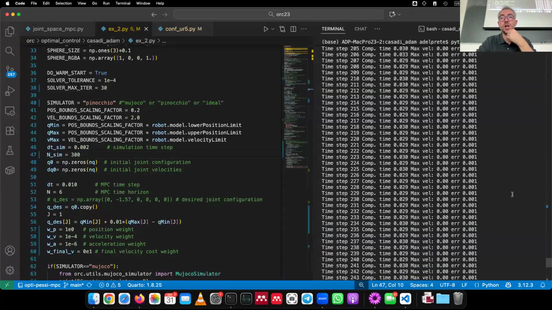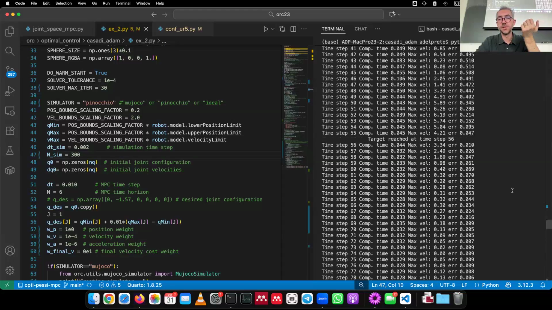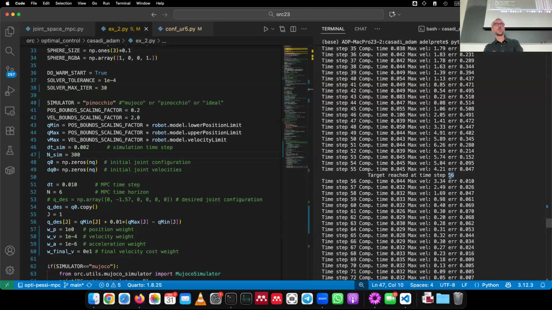And yes, so the problem was that the solver had not enough iterations. So if we give the solver more iterations, we reach the target in 56 time steps. So actually, in this case, there is no issue with the mathematical problems that we are defining.